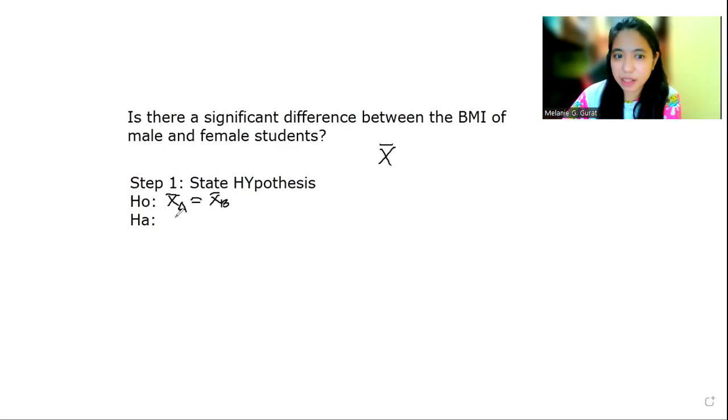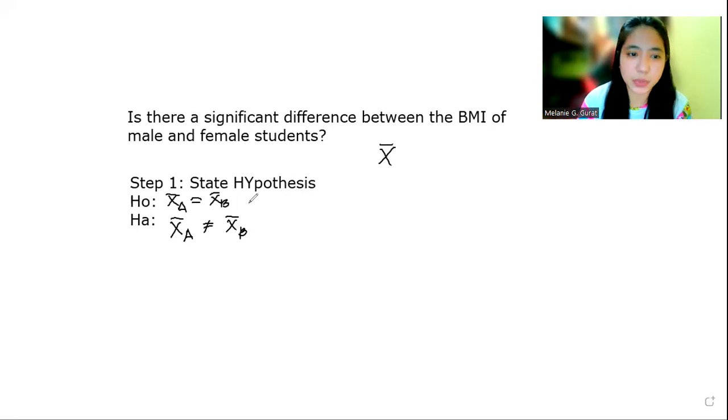While for the alternative, we are of course stating that either one is higher or one is lower. Or using a two-tailed test, this is simply telling that the average mean of BMI of male is not equal to the average mean of BMI of our female students.